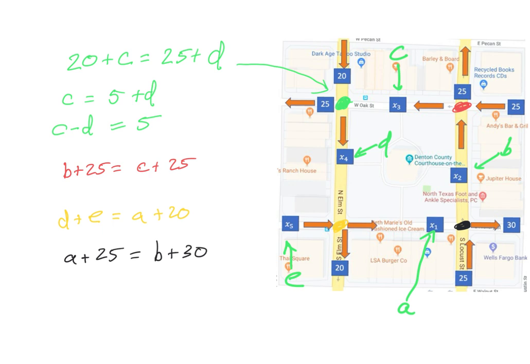And I don't have one yet. So my 5th equation is going to be, if I were to look at this equation and say everything going in and everything going out. So if I were to look at this and say everything going in, et cetera, I would have E, which is x5, is going in. Look up here, I have 20 going in, so plus 20. I'm talking into the whole system.